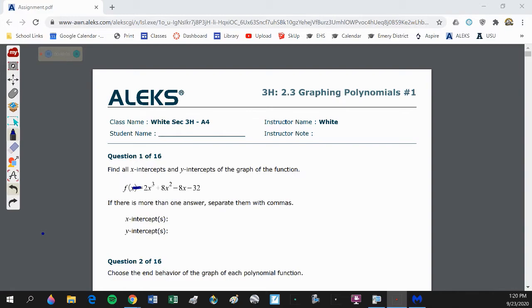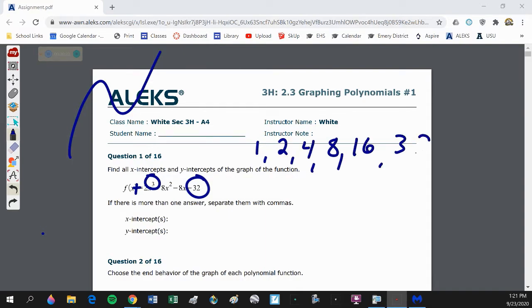It's a positive x to the third, which means it looks like this. It can have 3 roots. What could they be? So the factors of 32: 1, 2, 4, 8, 16, and 32. Okay, and this one's actually more complicated because it starts with a 2, which means you might have a fraction.